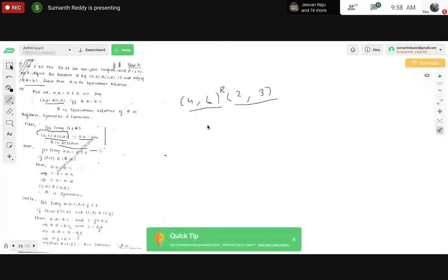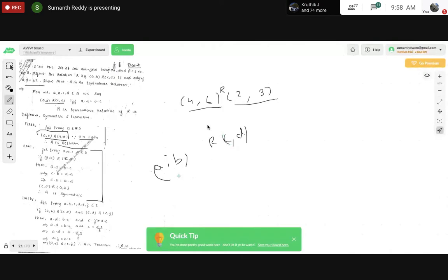Now let me check for the symmetric property. As we already know, for the symmetric property, for example, if (a, b) is related to (c, d), okay, so this is my assumption. As I have already told you, if you have to prove this kind of problem, you need to make an assumption.